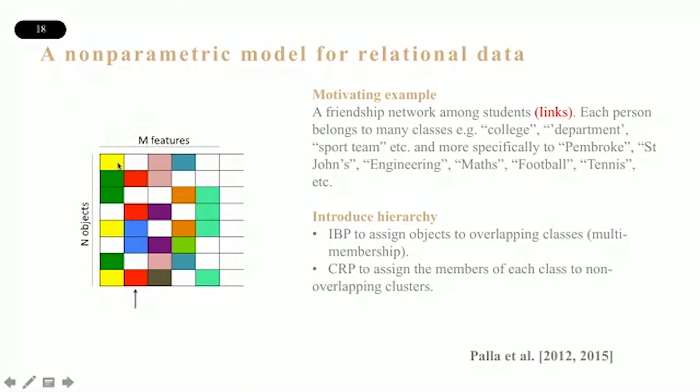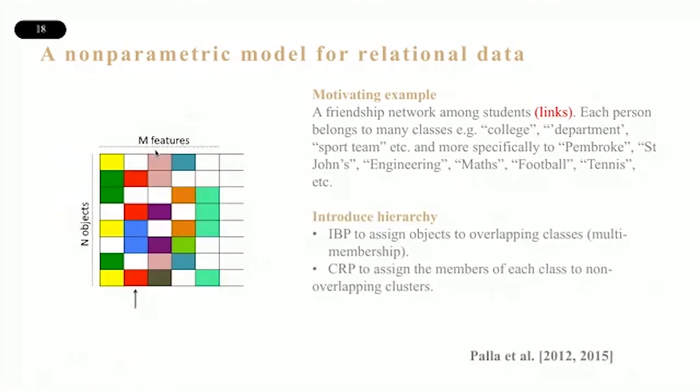I have classes and I have clusters. Classes allow for overlap, for multi-membership, and are the columns, while clusters are found inside the classes and they are non-overlapping. How do I define them? I sample the allocation matrix from the Indian Buffet process and then use the Chinese restaurant process to define the cluster membership.